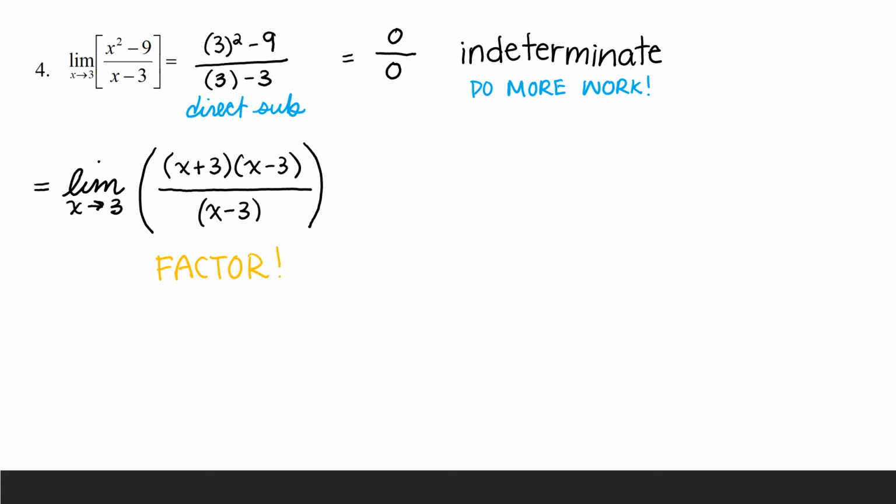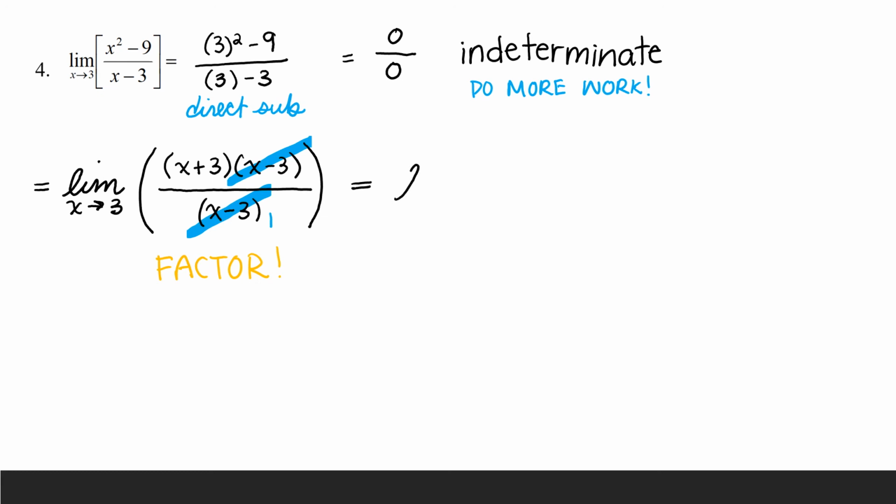When I look at this, I get very excited and very happy because I see an x minus 3, that whole quantity x minus 3 is one of the factors in my numerator, and I see that one of the factors in my denominator is also that x minus 3. So that means I can divide out these common factors. In the numerator, I'm left with that x plus 3, and then in the denominator, I'm left with a 1.